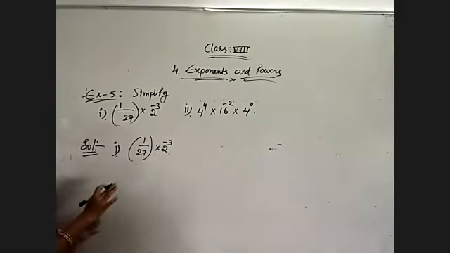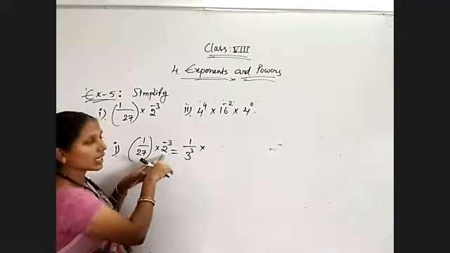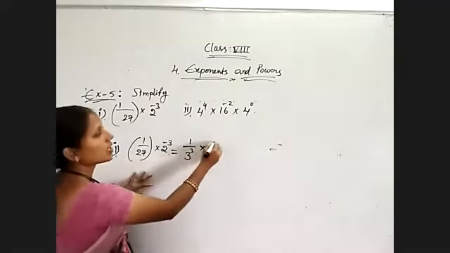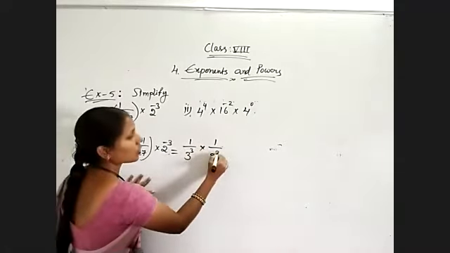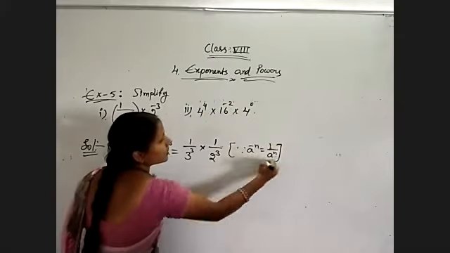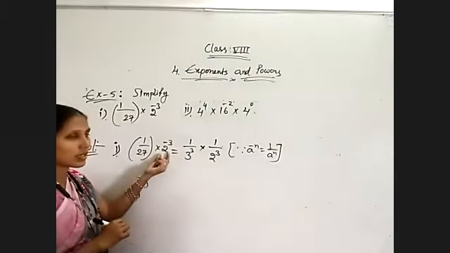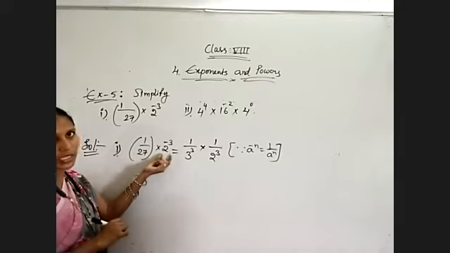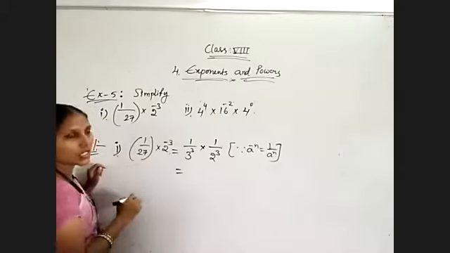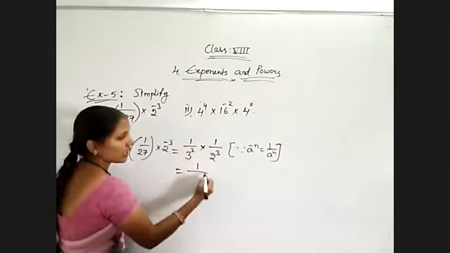Here 27 is not in the exponential form, so I am writing 27 as 3 cube, as we just saw: 3 3s are 9, 9 3s are 27. Into this one, a power minus n form, that is 1 by 2 cube, since a to the power of minus n is equal to 1 by a to the power of n. This formula we have used to simplify this term.